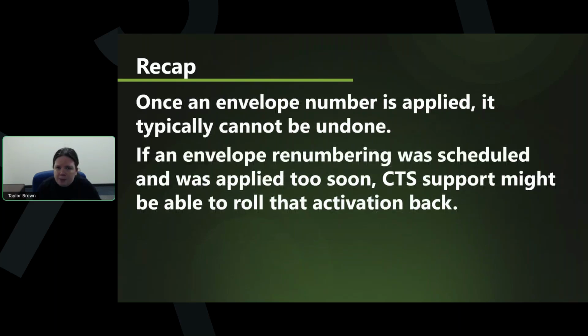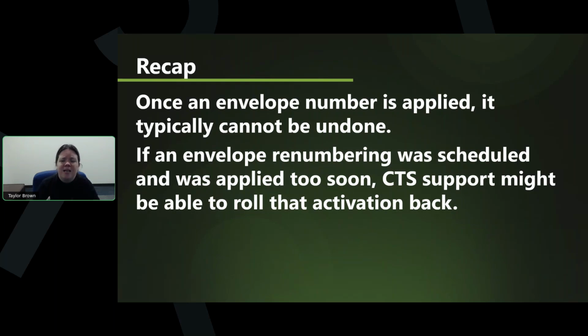One thing to keep in mind, just to exercise a bit of caution: once an envelope number change has been applied, it typically cannot be undone if it is applied immediately. That is why I was encouraging you to use that scheduling option, so that you can use it like an in-progress option.